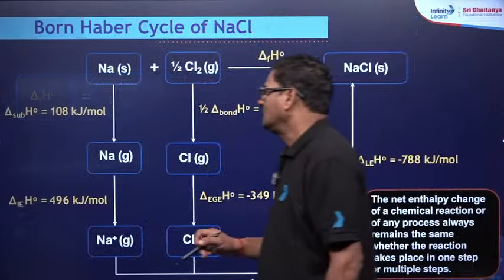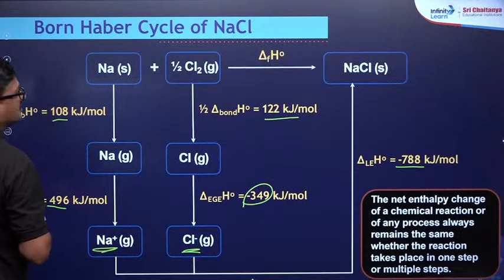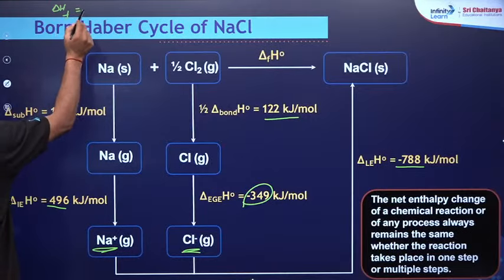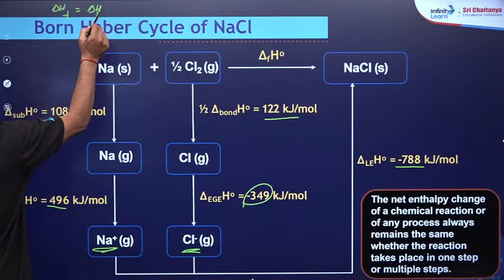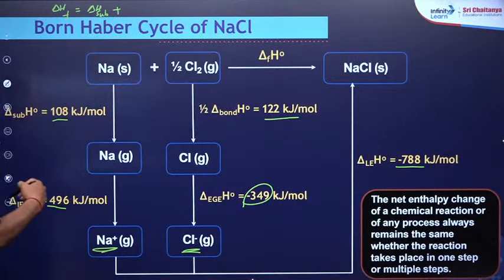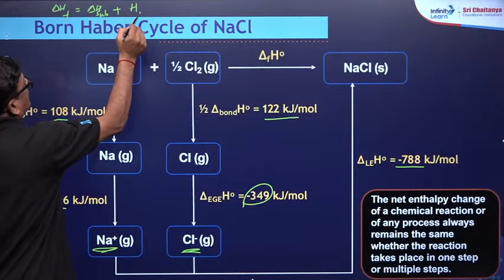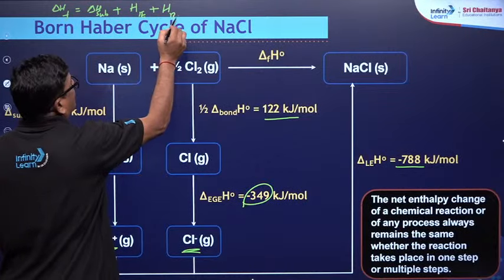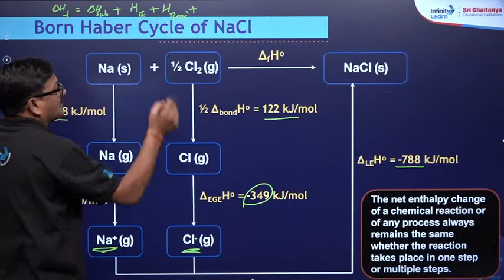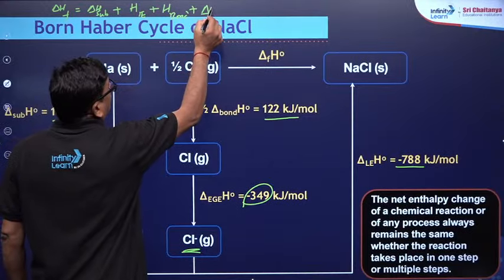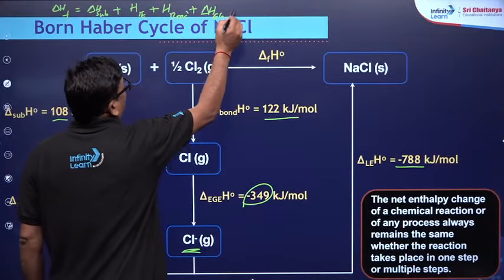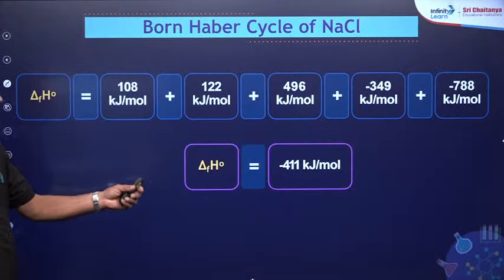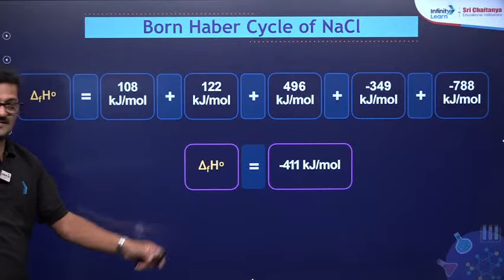So I mean to say here, enthalpy of formation is equal to enthalpy of sublimation plus enthalpy of ionization plus enthalpy of bond dissociation plus enthalpy of electron gain plus lattice energy. By using algebra, you can calculate the enthalpy of lattice.